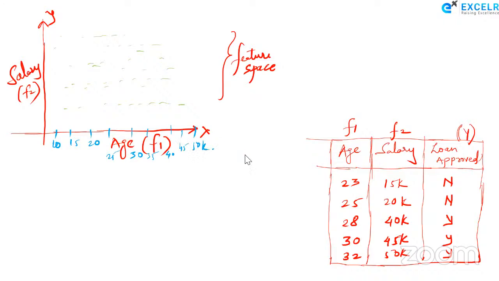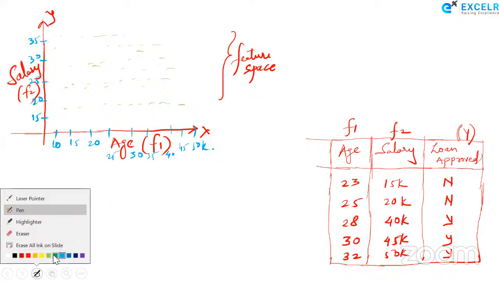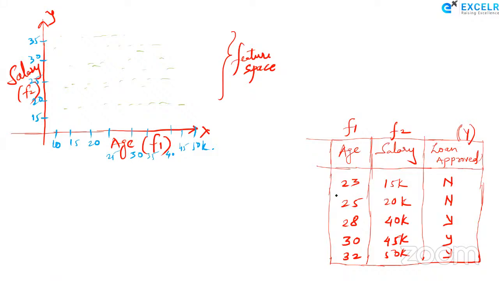Okay. So let us go and start plotting it. Let us start the age scale from, let's say, 15. Let us say this is 20, this is 25, this is somewhere 30, and this is 35 over here. Now we are going to plot these data points. First data point: age is 23 and salary is 15K.